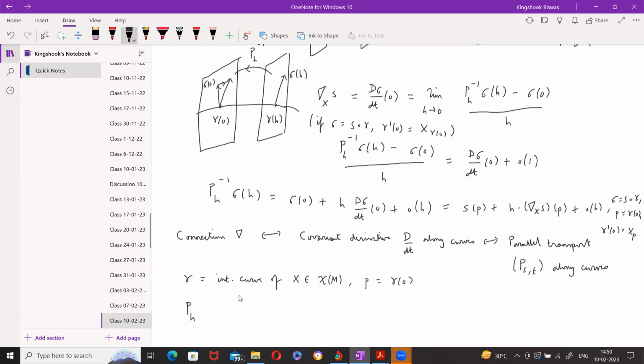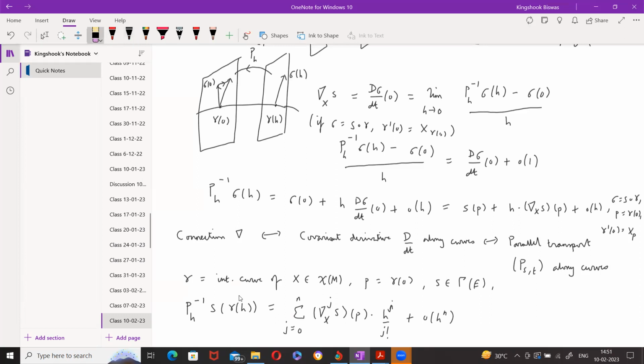Then I get the inverse of parallel transport applied to, so S is a section of E. So pH inverse of S at gamma H is equal to a sum j goes from 0 to n, nabla x power j applied to S at P into h power j over j factorial, okay, plus a little o of h power n as h tends to 0.